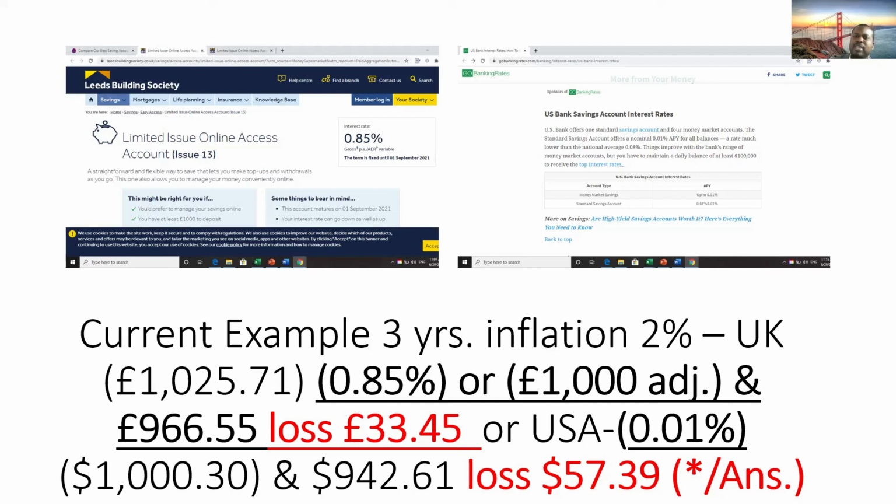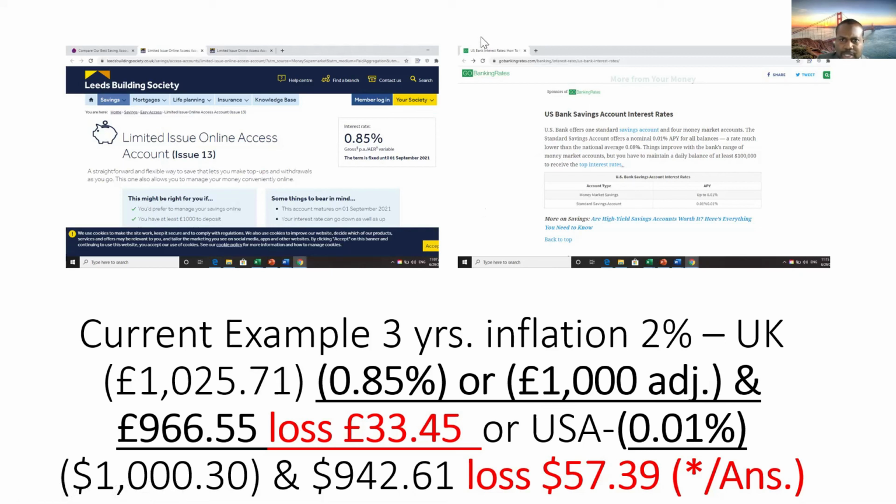Now, if we were to adjust this figure of 0.85 by 2%, let's see what would happen. In real terms, if we were to invest 1,000, moving forward, what would it actually be in real terms, taking into account the rate of inflation? Okay, because we didn't take that into account before. So let's have a look at that.